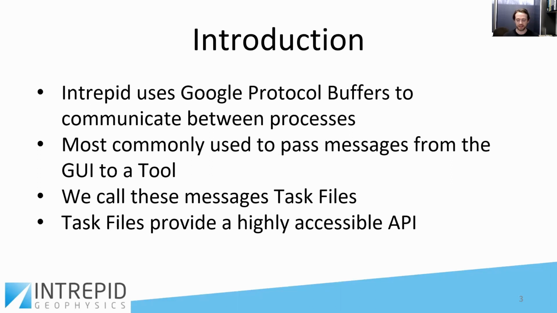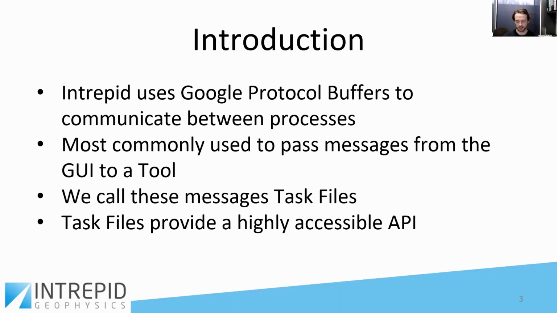The reason we've done this is it simplifies the communication between the visual side of Intrepid and the back end, or the engine room. Having these task files allows us to better design the user interfaces to represent what the tools are capable of doing, and what parameters they will be taking in to be used.